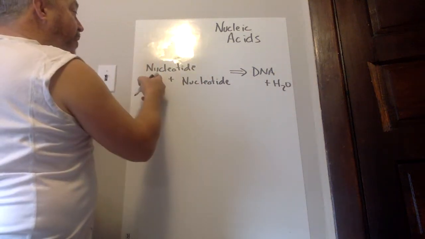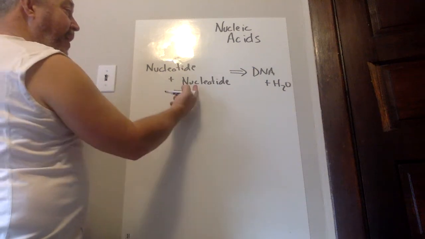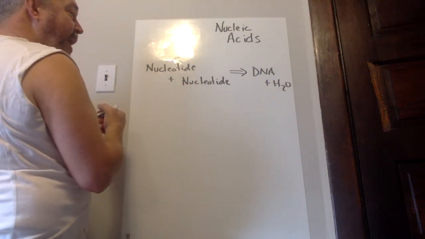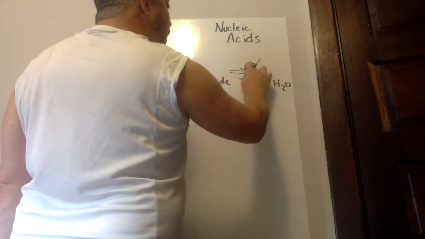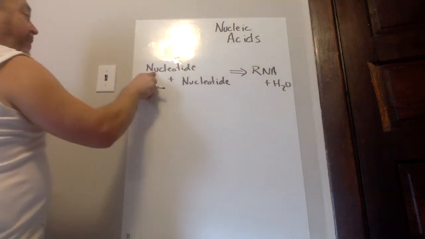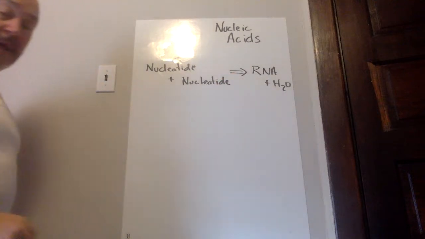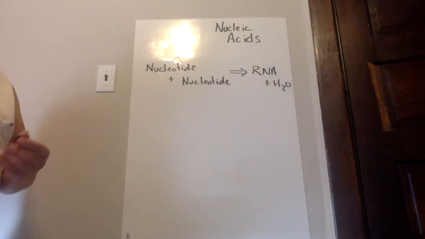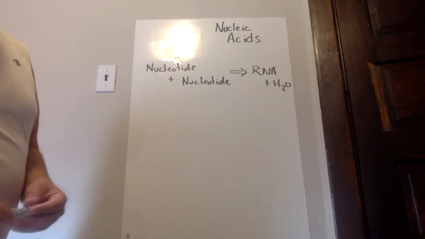But this would have to be a nucleotide that had deoxyribose as its base. This would also have to be a nucleotide that has deoxyribose as its base. Or I can create an RNA molecule. If ribose is at the base of this one and ribose is at the base of this one, I could then create a ribonucleic acid. So those are the 2 major molecules that we can build.